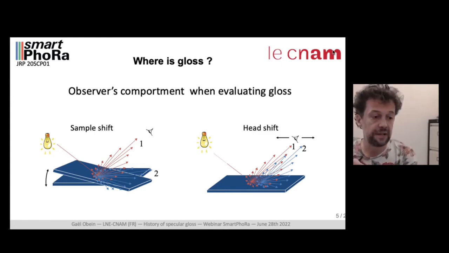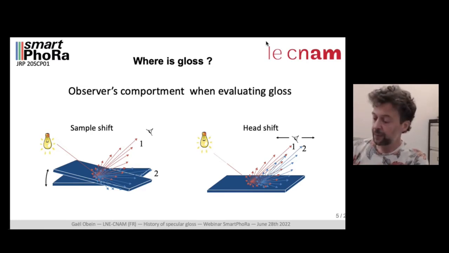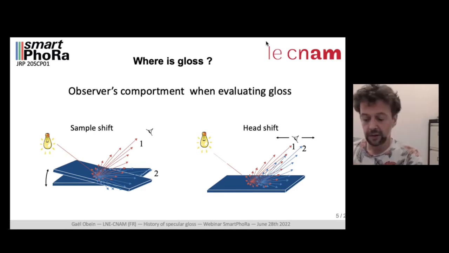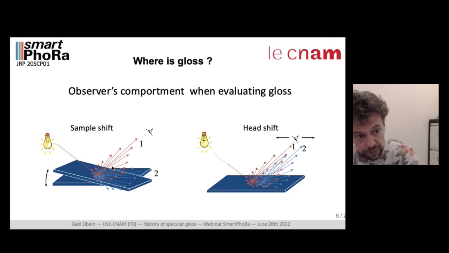But you will notice each time that the observer doesn't stay immobile in the specular direction; he rotates the sample a little in order to evaluate the evolution of the directional reflectance around the specular direction.